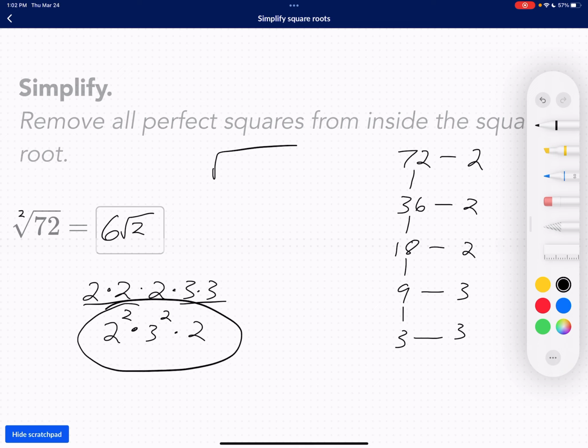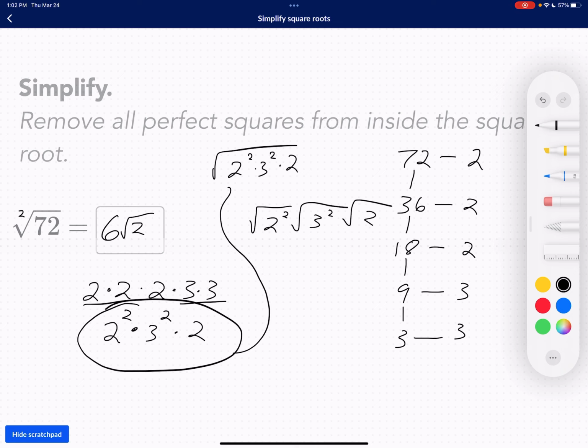But this whole thing, no matter what you do, is just the same number. 2 squared is 4, times 3 squared is 9, so that's 36. 4 times 9 is 36, times 2 is 72. Put that in there. So I get 2 squared times 3 squared times 2. And I can break up my radical as 2 squared, 3 squared, 2.